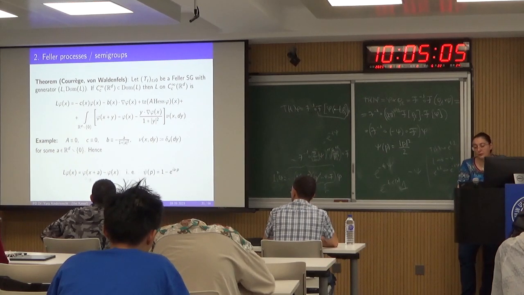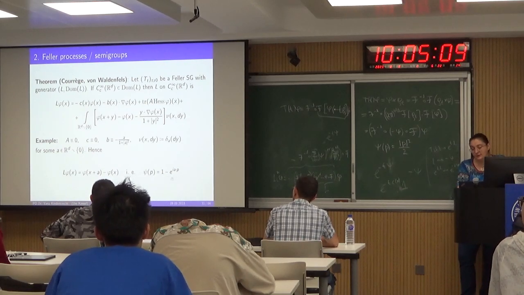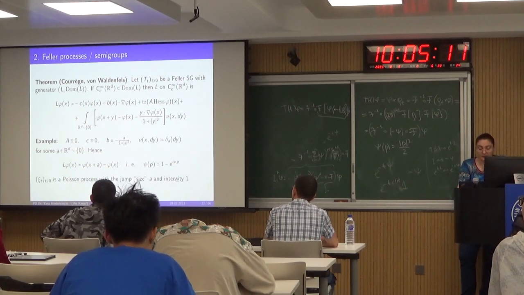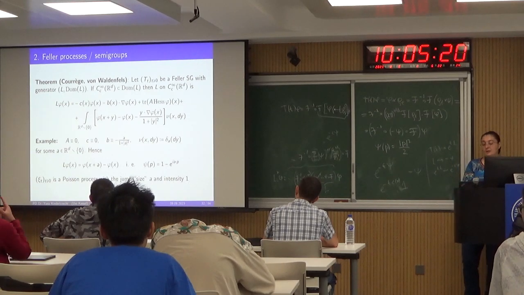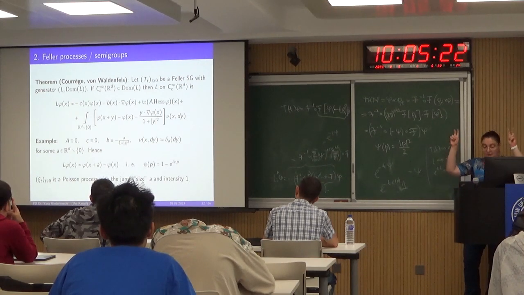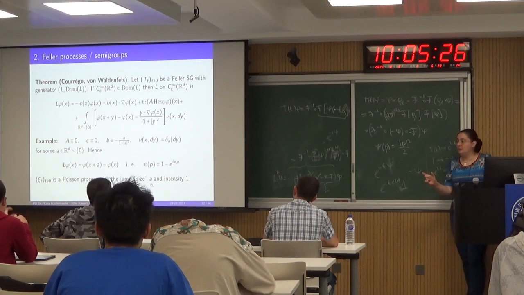And I guess it is written here. Yeah, so first of all, of course, the symbol of this is just this thing. We have already seen it. And this is the generator of the Poisson process with jump size A and intensity 1. Why have I written size with this sign? Because A is not a scalar number, but it is a vector.